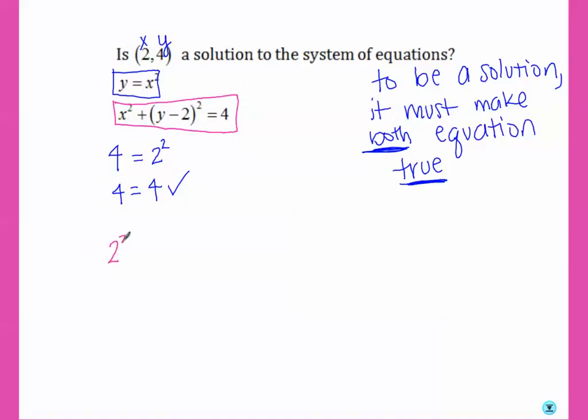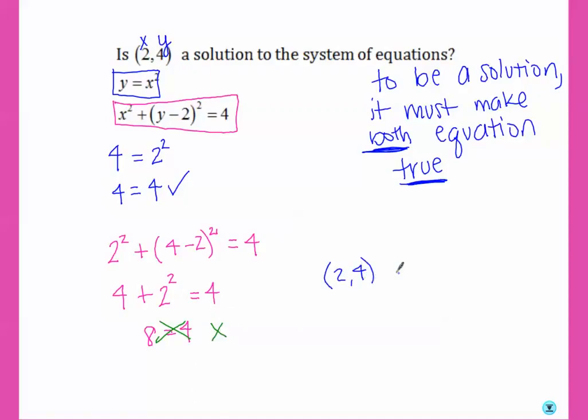We'd have 2 squared plus (4 minus 2) squared equals 4. 2 squared is 4, plus 4 minus 2 is 2, squared equals 4. 4 plus 2 squared would be 8 equals 4. That is not true. So therefore, (2, 4) is not a solution.